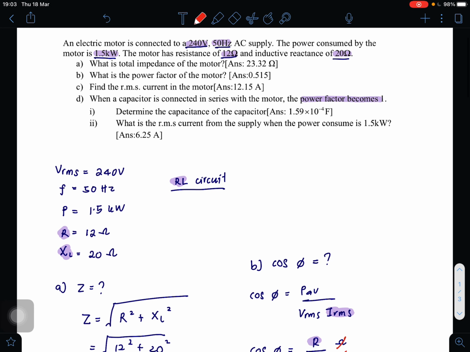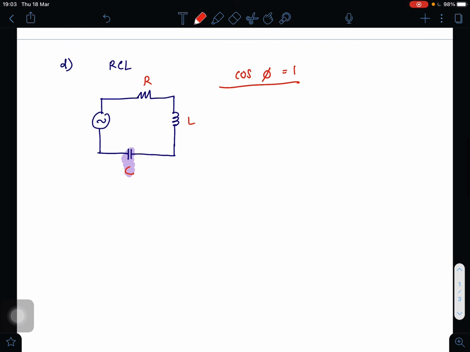And then first question, determine the capacitance of the capacitor. So we want to find the value for C, capacitance. In order to find the value for C, we need to find XC, di mana XC adalah sama dengan 1 over 2 pi F C. Okay, so how do we find this value?